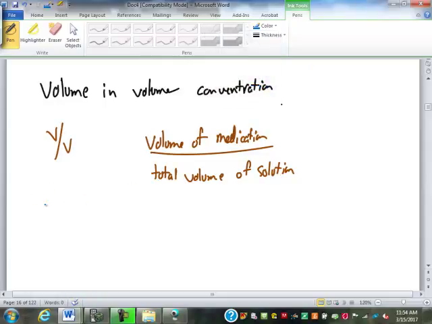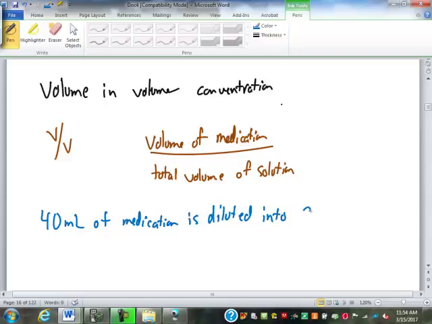So here, let's say that we do 40 milliliters, we're dealing with volume, of medication is diluted into 200 milliliters of solution.